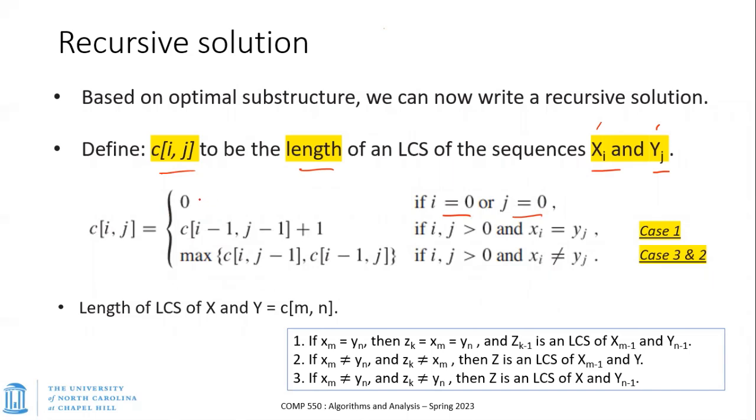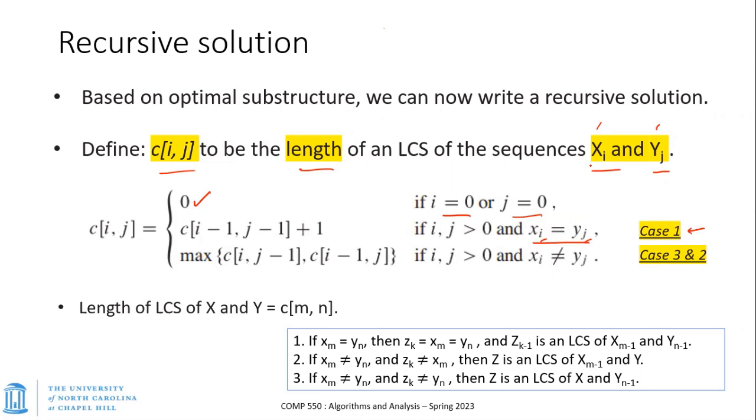Okay, so that holds. The middle situation is the first case, when x sub i is equal to y sub j. The only difference is that we're not going with the last character, we're going with a certain prefix of the entire strings.